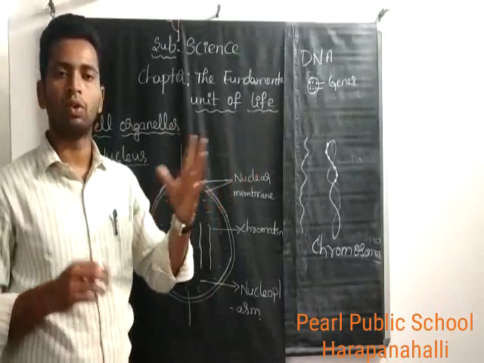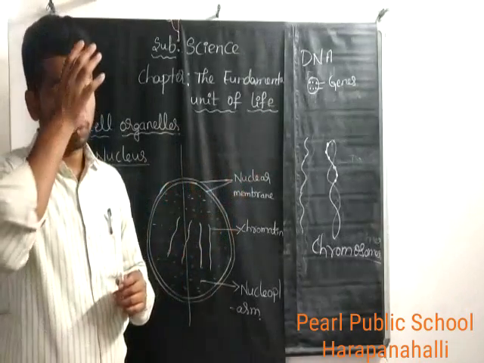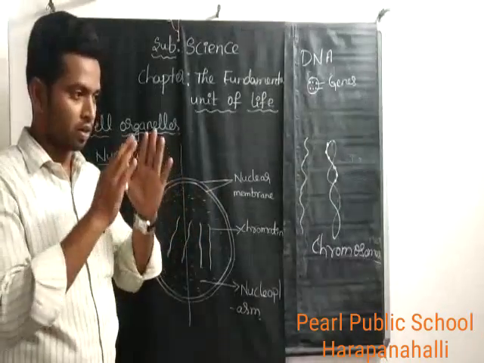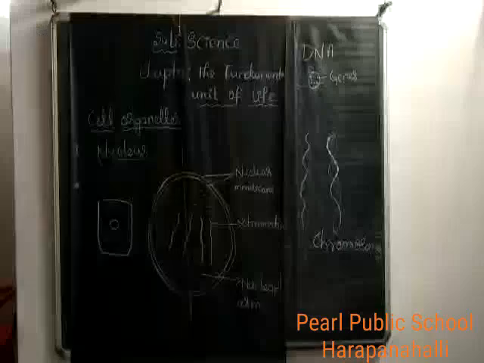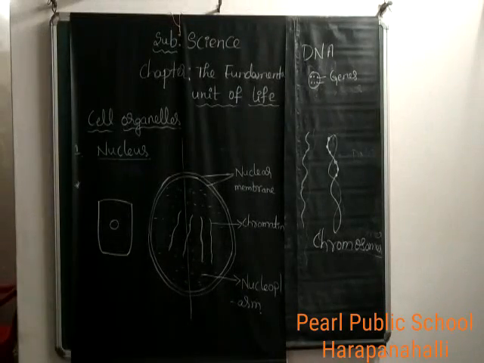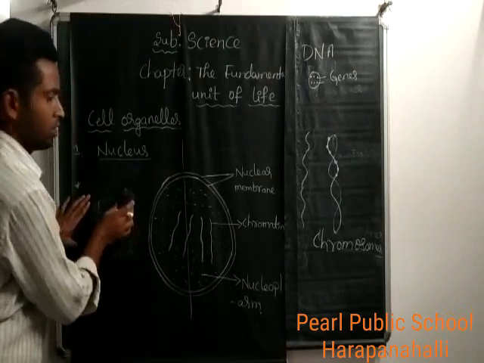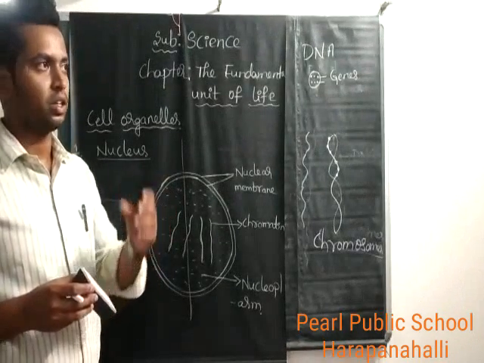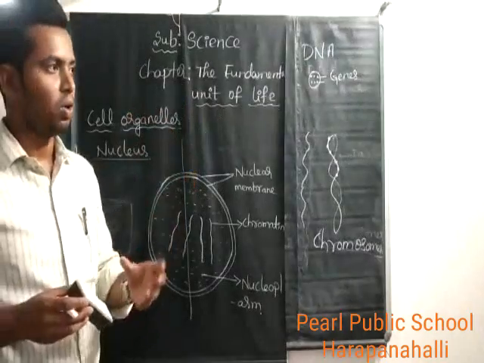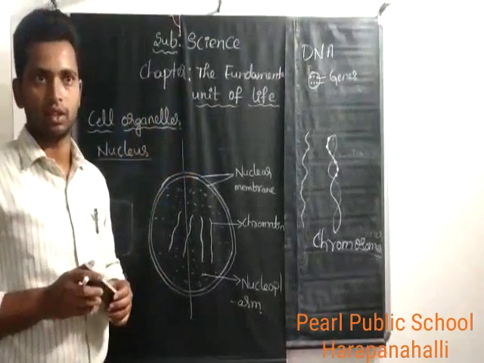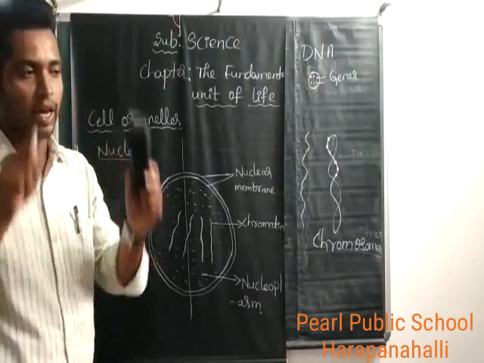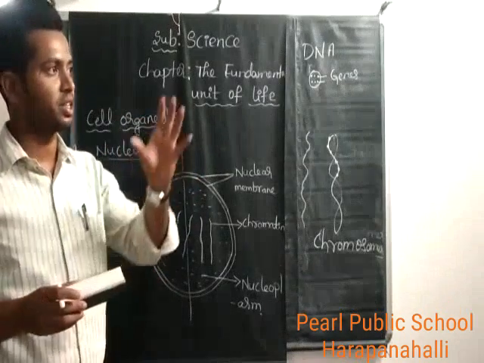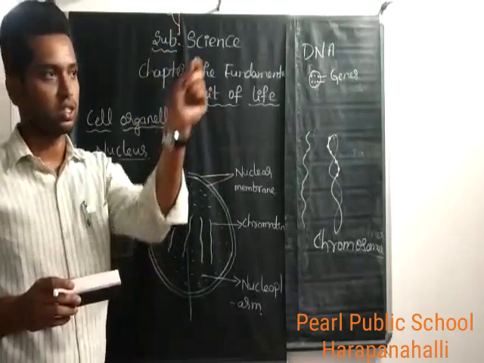Now, some cells have no definite nucleus. In some of the cells there is no definite nuclear region. Such a nuclear region is poorly defined. We cannot say this is a nuclear region, this is a nucleus.